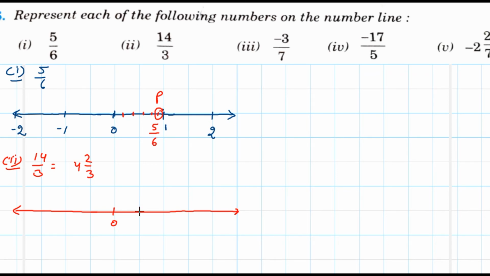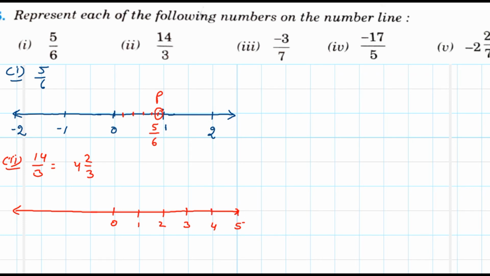So 1, 2, 3, 4, 1, 2, 3, 4, right? Let's take 5 also. So we have taken 4 full lengths here.